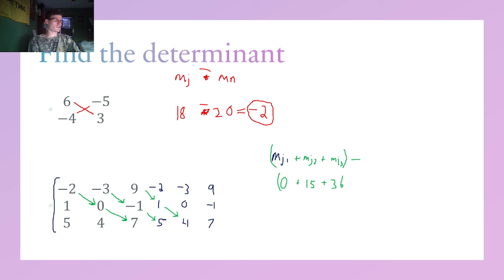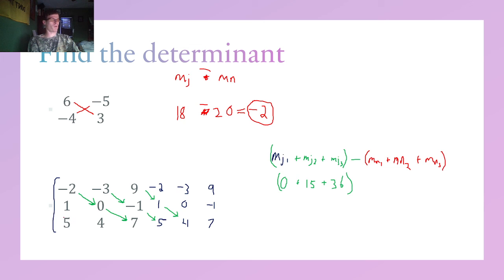Alright, so major values are done, but we're not finished yet. For a 3 by 3, we still have to find the minor values. So minor values include mn1 plus mn2 plus mn3. Okay? So for these values, you are still multiplying diagonally, but you're doing it in a different way.